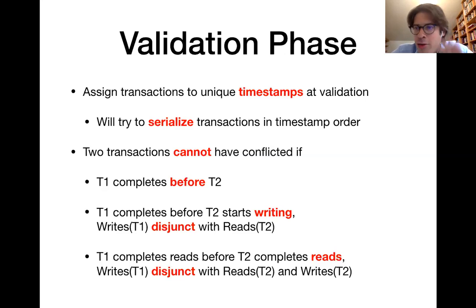But just so you know, even if none of those conditions is satisfied, you might still actually have a good case without bad conflicts, but nevertheless here, we would abort the transaction. So at the validation phase, we are verifying that with all the other transactions currently in the system, at least one of those three conditions is satisfied. And if so, we can allow the currently validated transaction to proceed to the write phase.